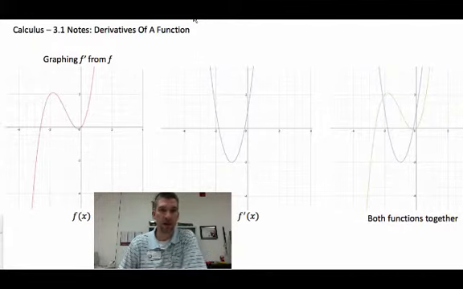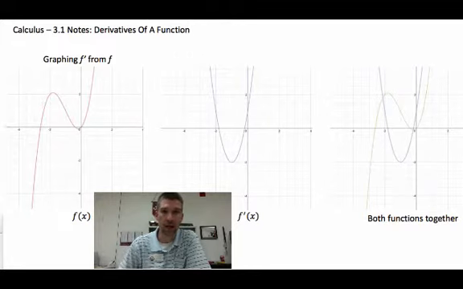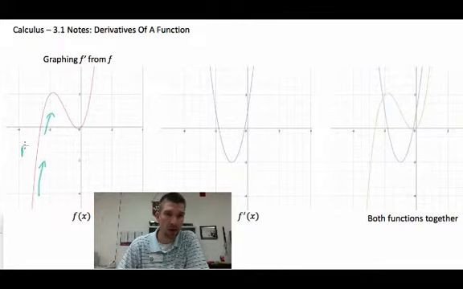So here we've got a graph, this first graph in red, a function, f of x, and we're going to notice that here the y values are increasing, which means that if you take a derivative, you're finding the slope of a tangent line. And so all these slopes right here are all positive.